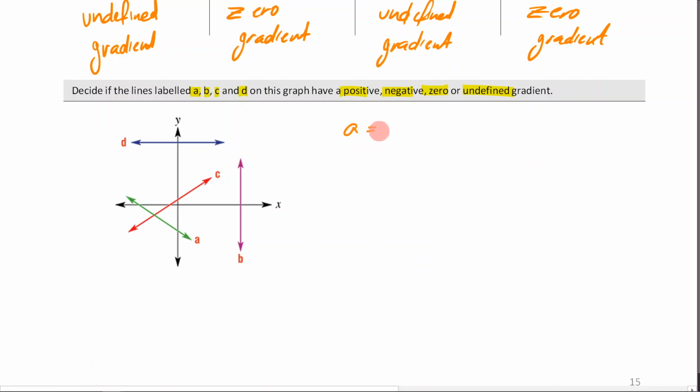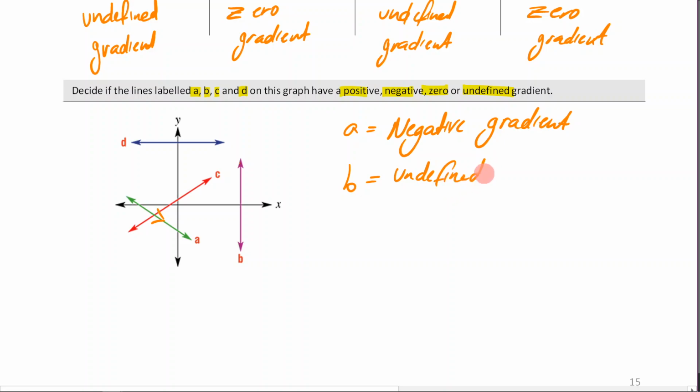My A line here, what you need to consider is from left to right, what's happening? Well, it's going down left to right. So that means it's going to have a negative gradient. Let's look at B now. B is a vertical line. It is vertical. And I know that vertical lines have an undefined gradient.